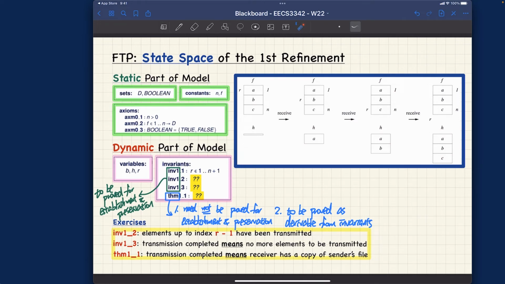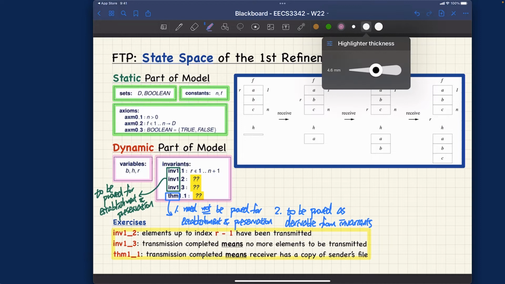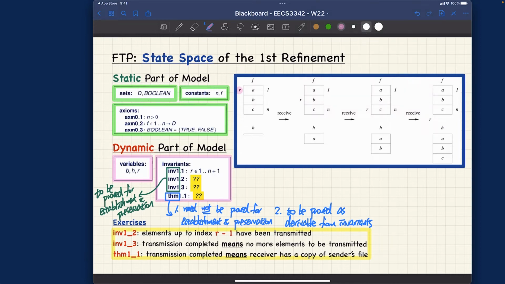All right, let's talk about it. You can think about this as the initial configuration over here. For the initial configuration, I want you to pay attention to where R is. You can see R is actually over here. After transmitting the first item, R will be pointing to the second item.